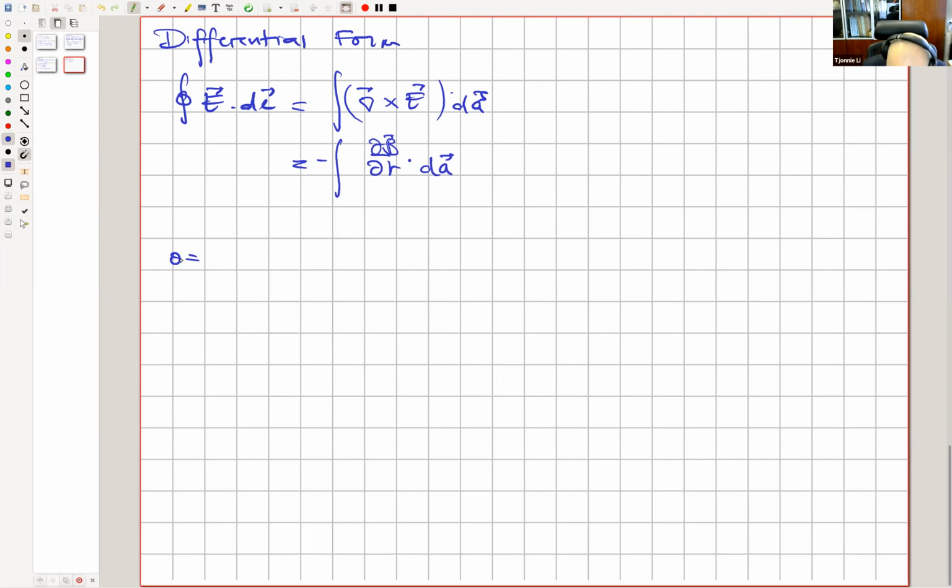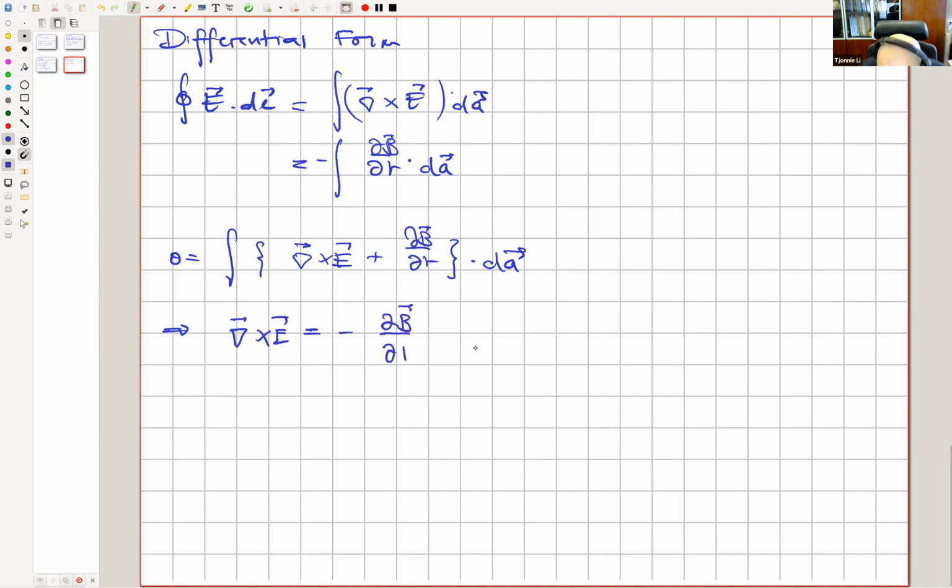Here we get 0 equals the integral of the curl of E plus partial B partial t, close bracket, dA. And indeed, we can arrive at the conclusion that the curl of E equals the negative of the rate of change of B.